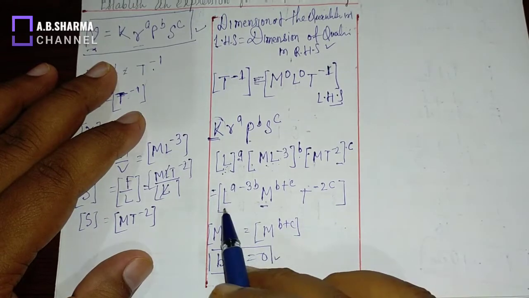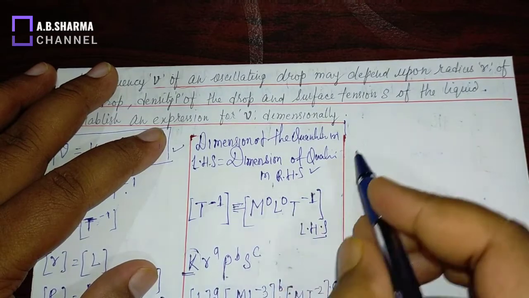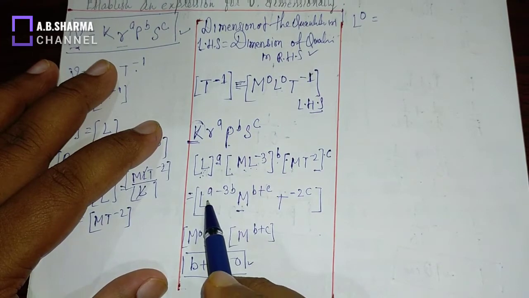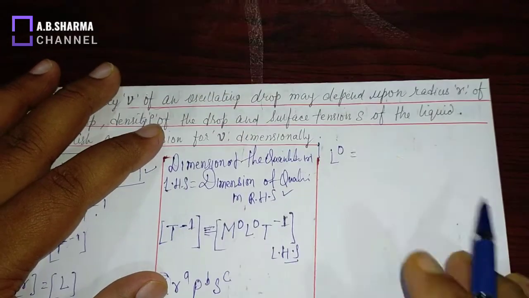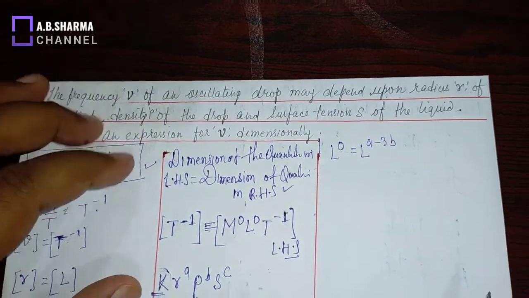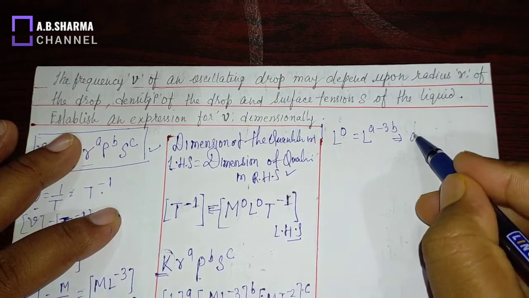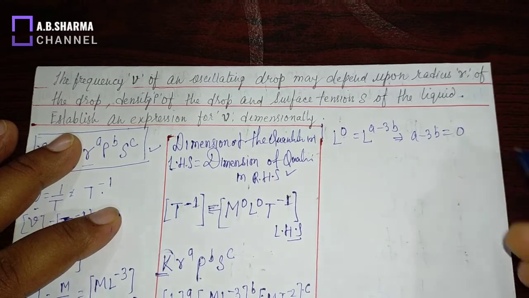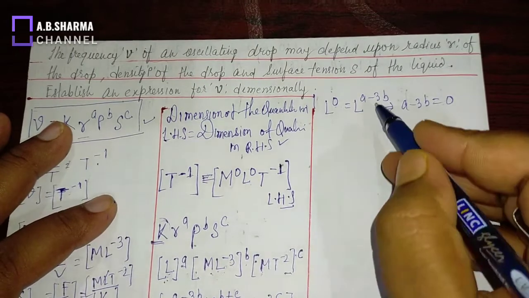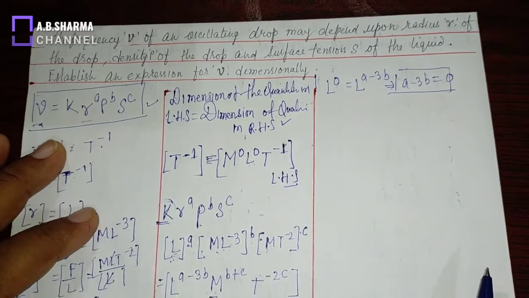By equalizing L, on the left hand side the power of L is 0, and on the right hand side the power of L is a minus 3b. So L0 equals L to the power a minus 3b, which means a minus 3b equals 0. This is the second relation.